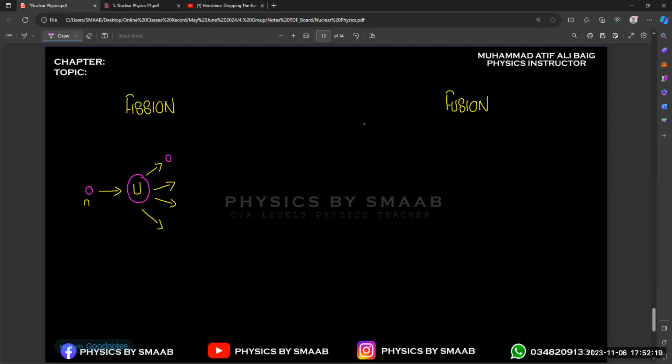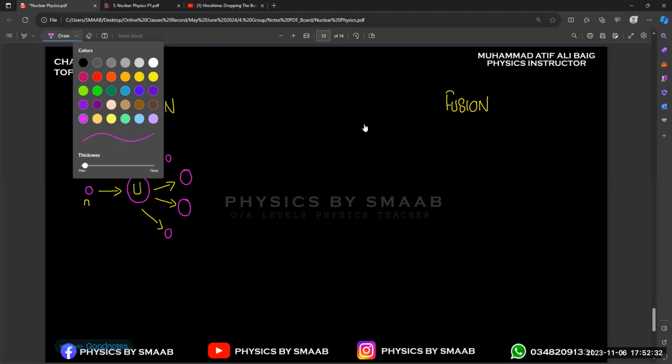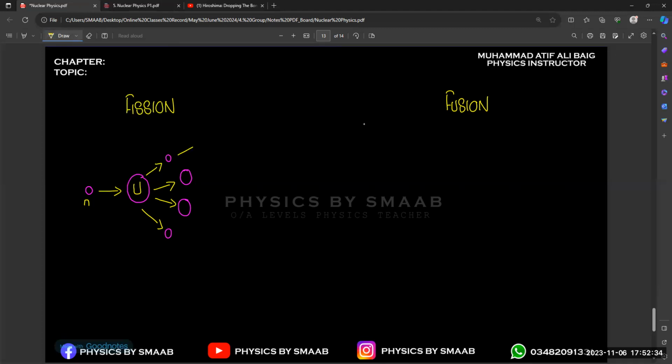One neutron and those two elements, right, that we note down in the equation, and then again a neutron. And then this neutron further strikes the nucleus of another element also, and it splits into further more elements.